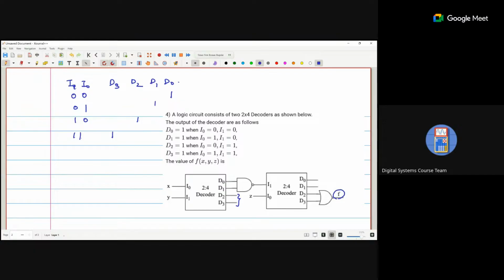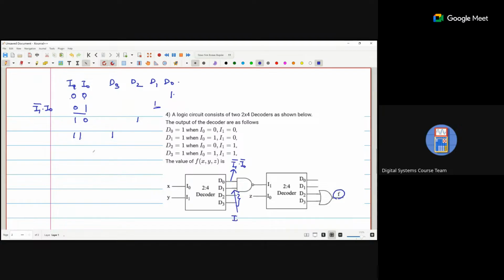Clear? So what is the equation for D naught? D naught is 1 when I1 and I naught both are 0, so this is I1 bar, I naught bar. And what is D1 we are getting? D1 is 1 in this situation, so this is I1 bar, I naught.